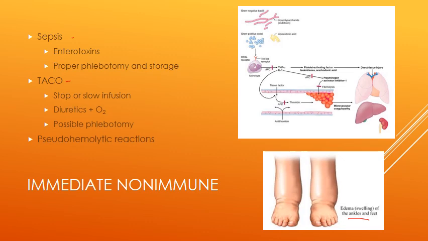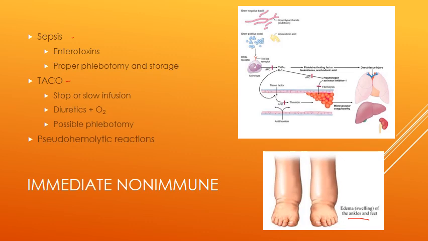In TRALI, you might have transient hypertension, but usually you end up with hypotension because remember you have that increased vascular permeability and the fluid is generally leaving the vessels. In TACO, you've got too much fluid in the vessels, so that's really the issue to differentiate between the two: hyper versus hypotension.